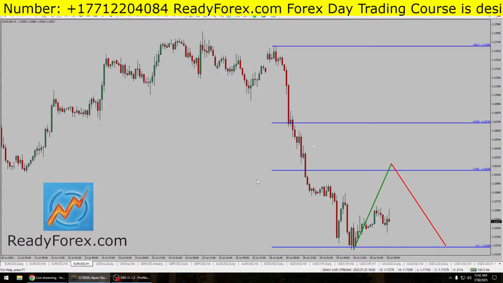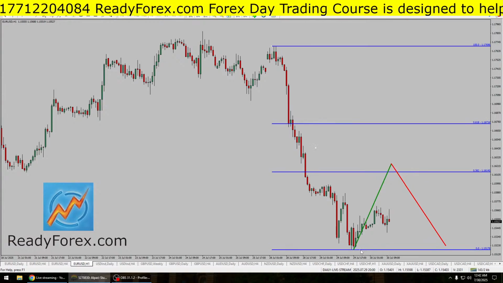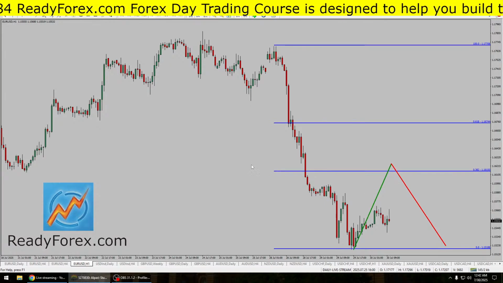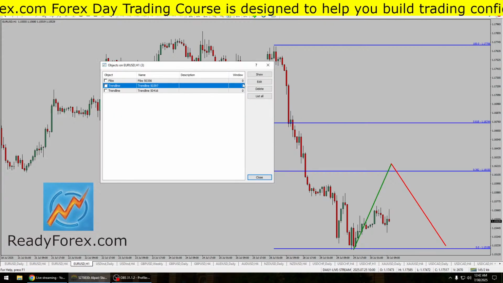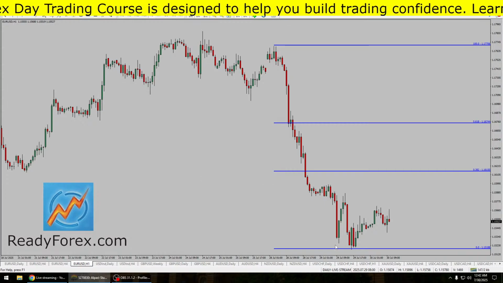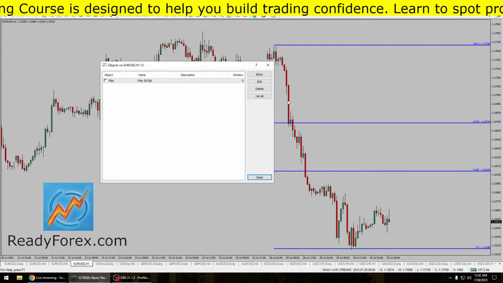So the way I see, euro dollar is probably going to rise up to reach the 0.32% Fibonacci retracement level. That's the minimum. It could go a bit higher than that. Adjust this level.